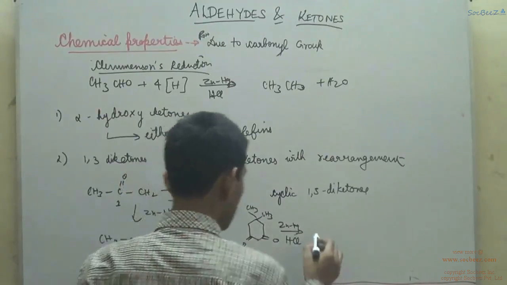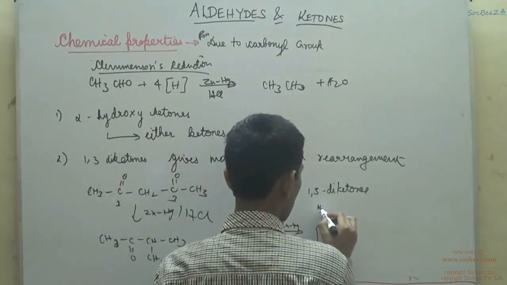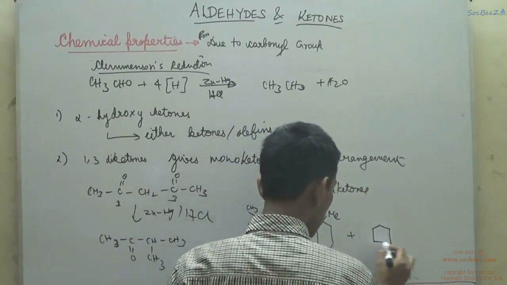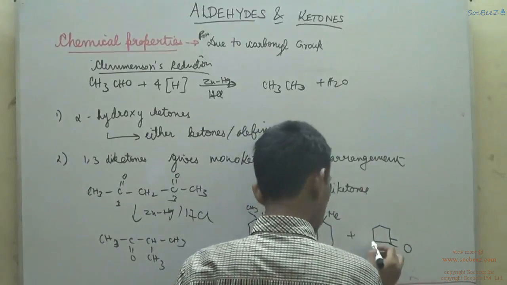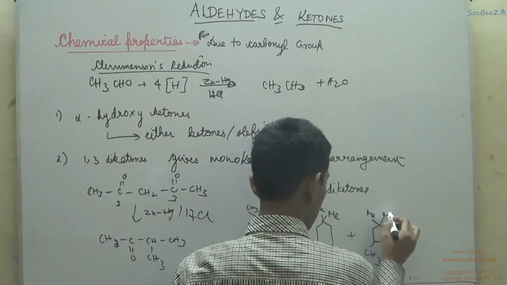So diketone, then you have the fully reduced form, that is this methyl group plus a rearranged product, which is a monoketone.